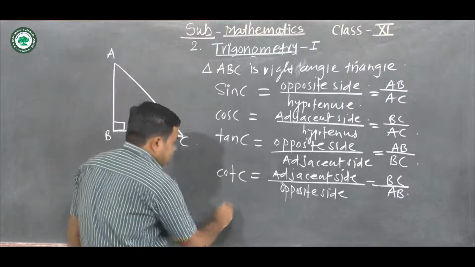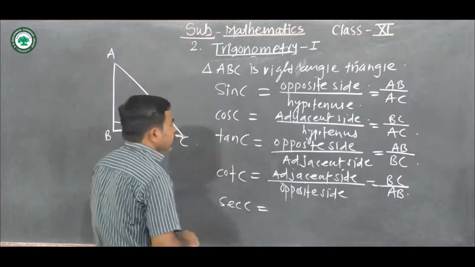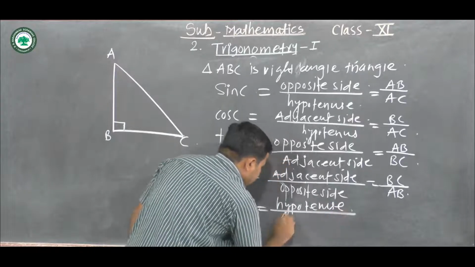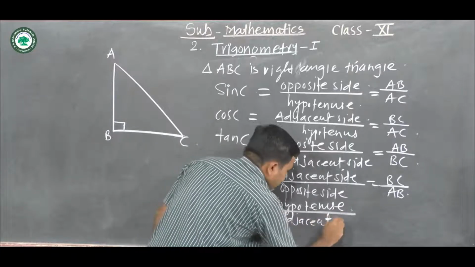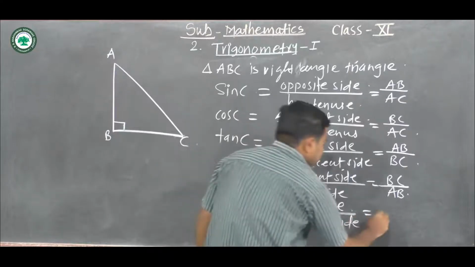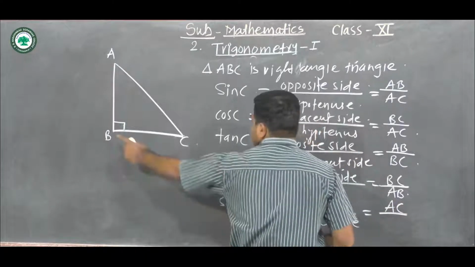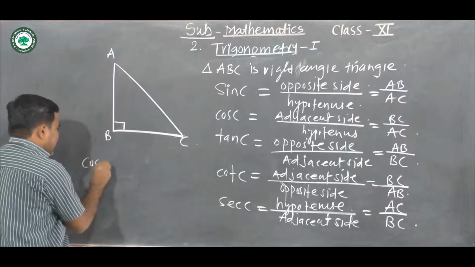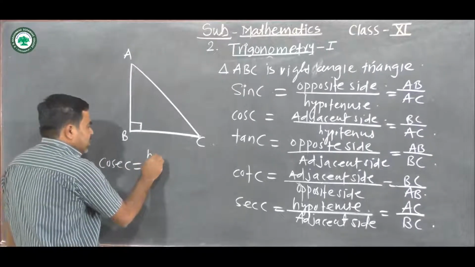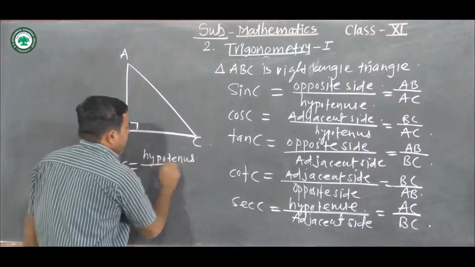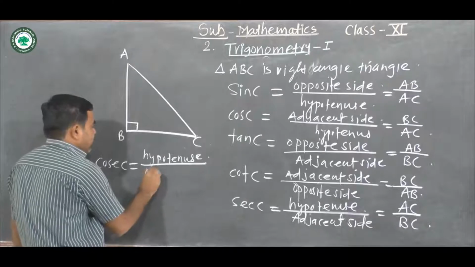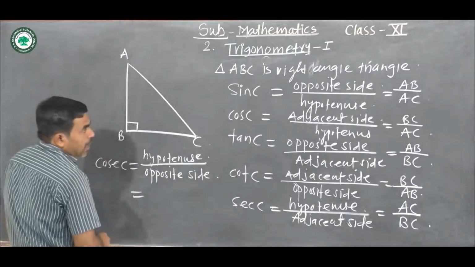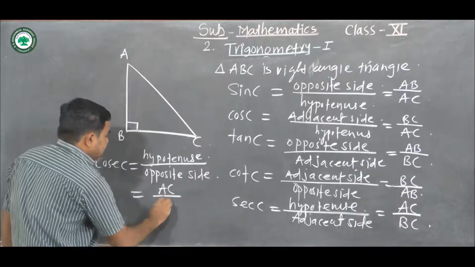Sec of C is equal to hypotenuse divided by adjacent side, and hypotenuse is AC divided by adjacent side BC. Similarly, cosec of C is equal to hypotenuse divided by opposite side, and it is equal to hypotenuse AC divided by opposite side AB.